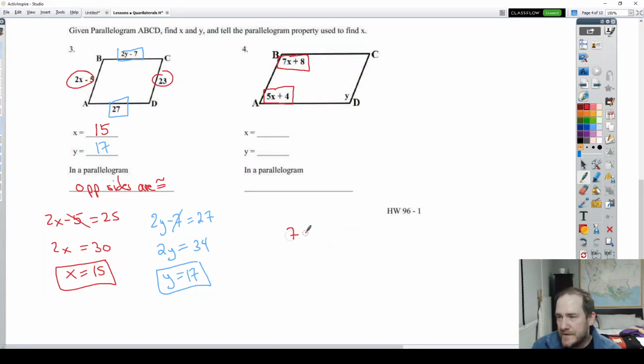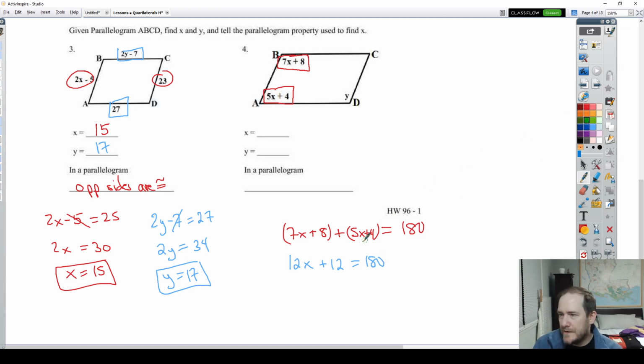So you'll take the 7x plus 8, and you'll take the 5x plus 4. And instead of saying they equal each other, you'll have to say that they add up together to a total of 180. Now that's an equation you can solve. You combine your like terms first. So 7x plus 5x gives 12x, and then 8 plus 4 gives 12.